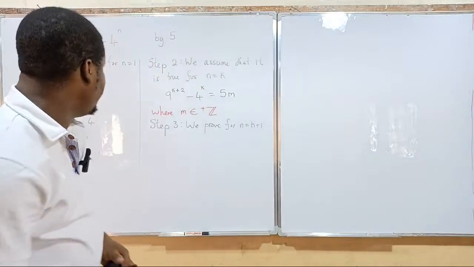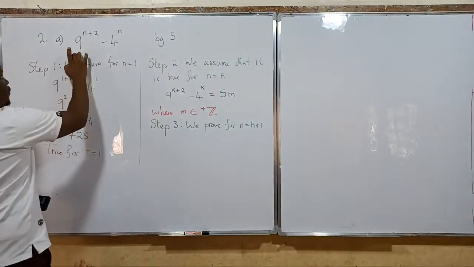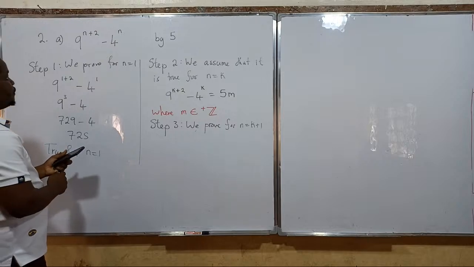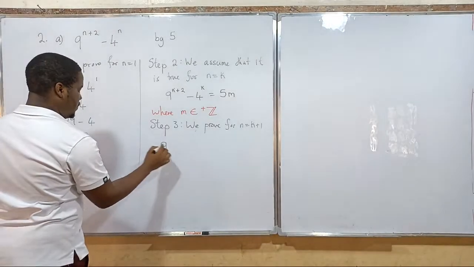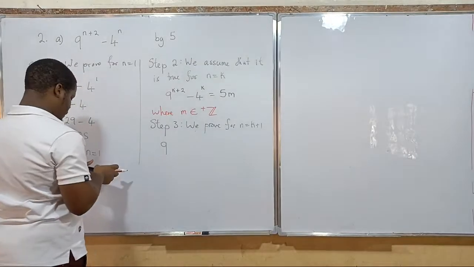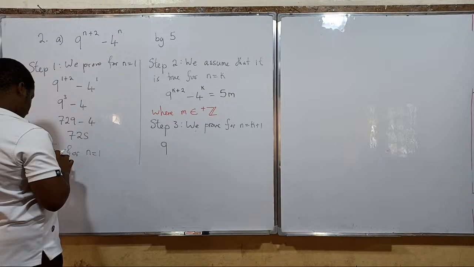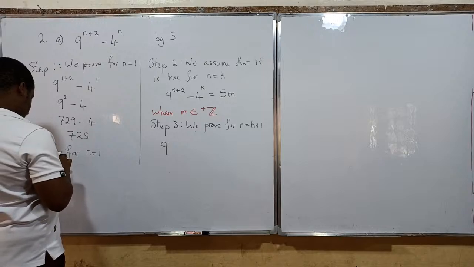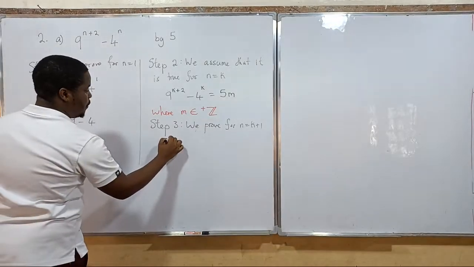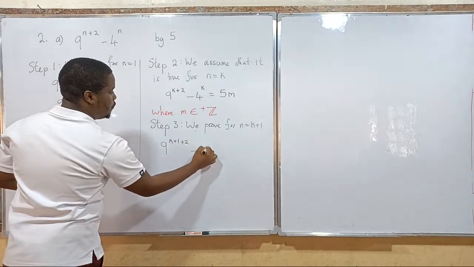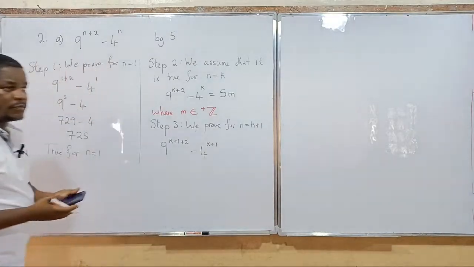Bring in the original statement. Where's the statement? This one. Where there's n, replace with k plus 1. So we'll have 9 to the power k plus 1 plus 2 minus 4 to the power k plus 1.